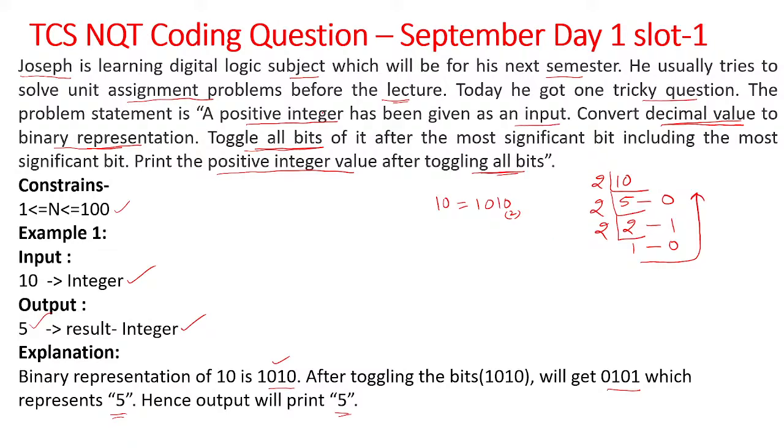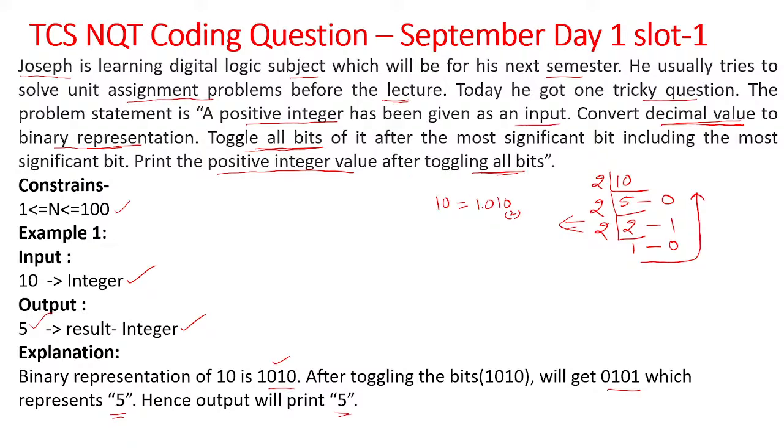If you know this conversion, dividing by 2 and getting these values, then you can straight away convert this mathematics into a program. But before this, we need to understand what is given in the question.